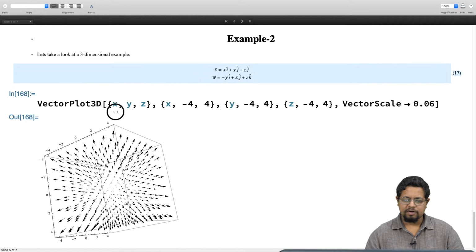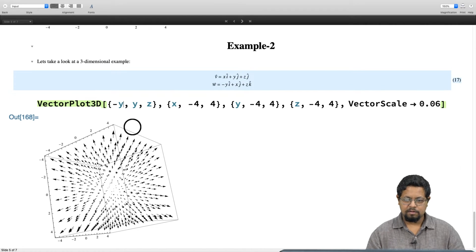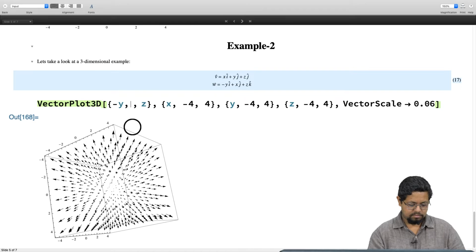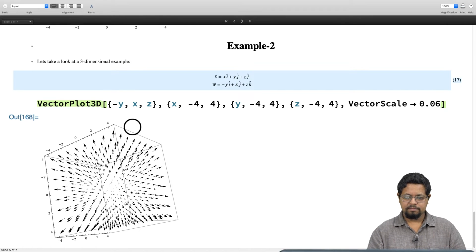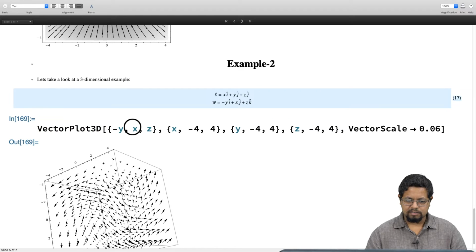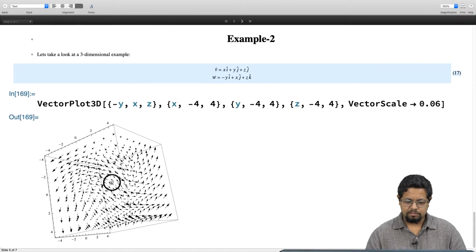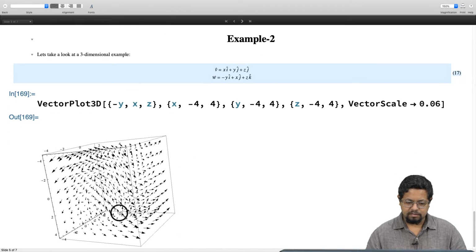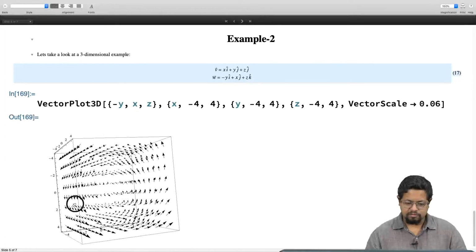Let's go ahead and plot the second vector field by changing the x coordinate to minus y, y coordinate to x, and leave the third coordinate as z, and there we go. We get a field which has got some sense of curling around.